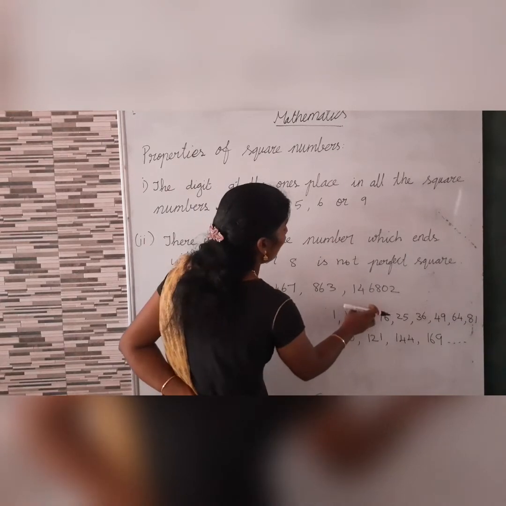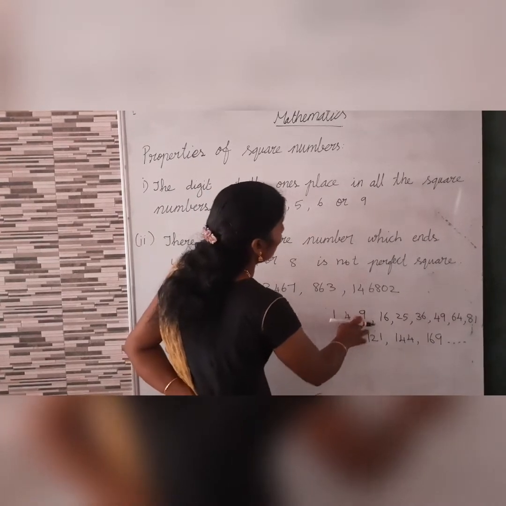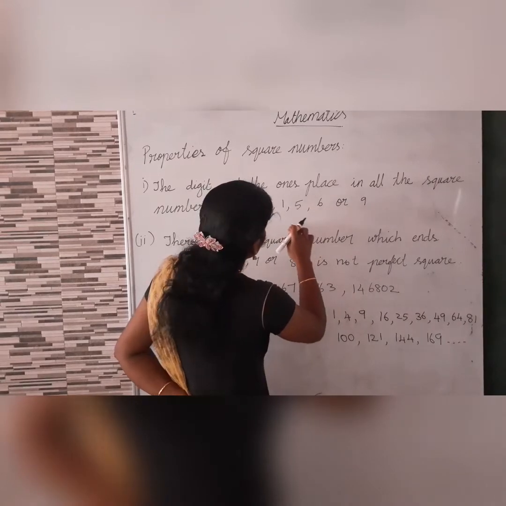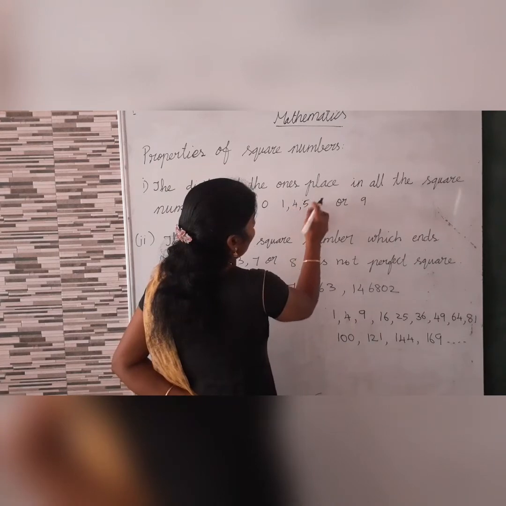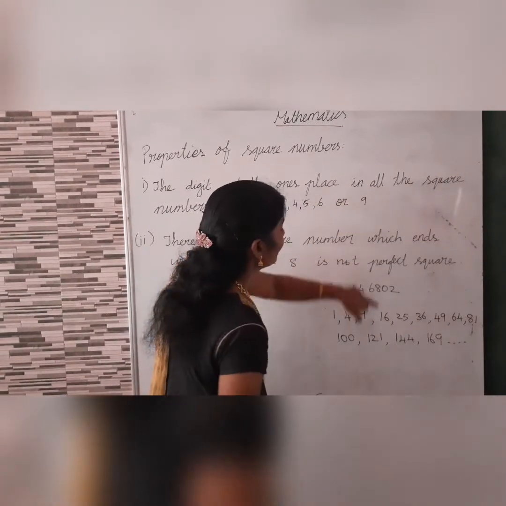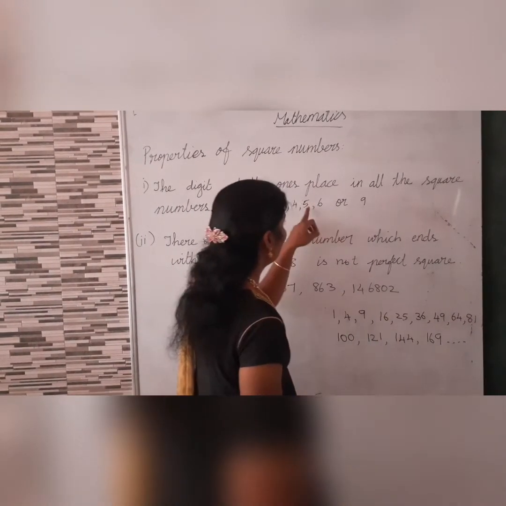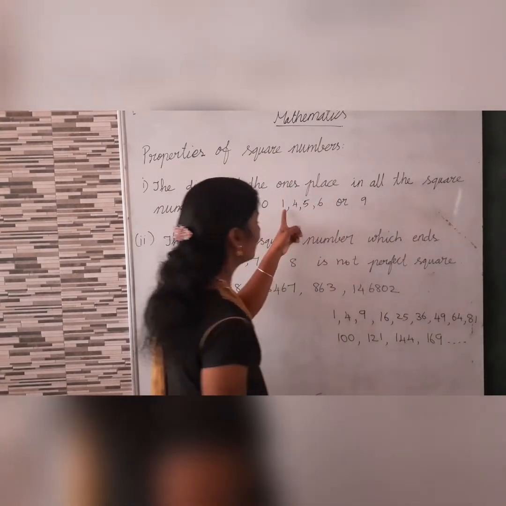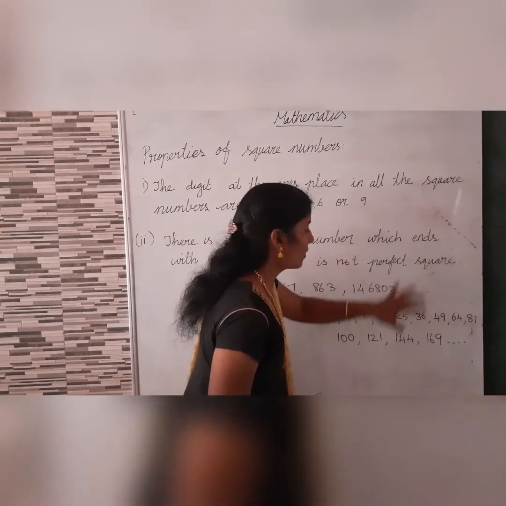Here it is only a one-digit number. In the ones place we have 9, 4, then 1, 4, 9, 6, 5, 6, 9, 4, 1, and then the ones place is 0. So these numbers are square numbers.